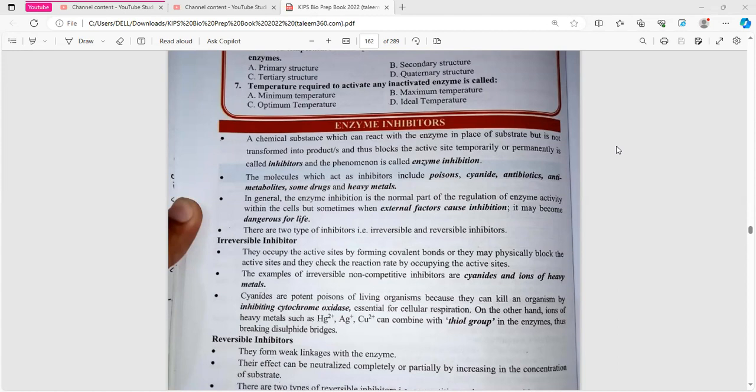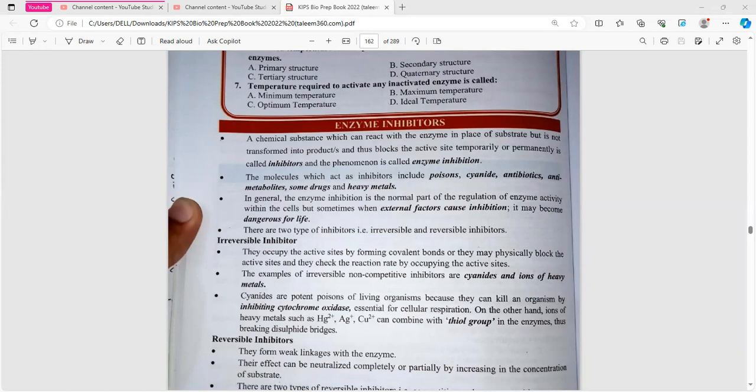In the case of competitive inhibition, a substance which resembles the shape of the substrate attaches to the active site. When the actual substrate tries to attach to the active site, it is no longer able to, because the structure which resembled it has attached to it.